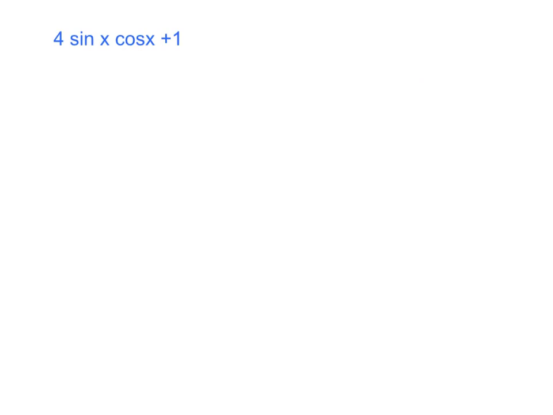Okay, here's a final type of problem that you could use to simplify. And so what you see here is you see 4 sine x cosine x, right here, and that looks an awful lot like something like this. 2 sine x cosine x, remember, is sine 2x.